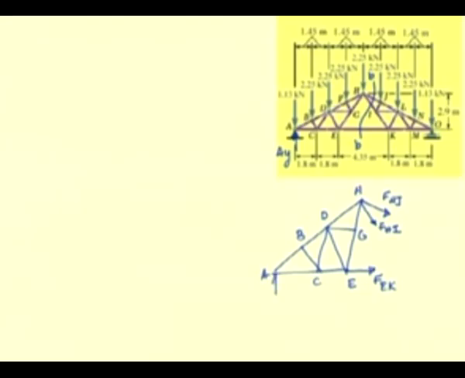And we know this reaction Ay which has been determined as 9005 Newton, and various applied loads are also known. 1.13, all forces are in kilonewtons, 2.25, 2.25 and 2.25 kilonewton.